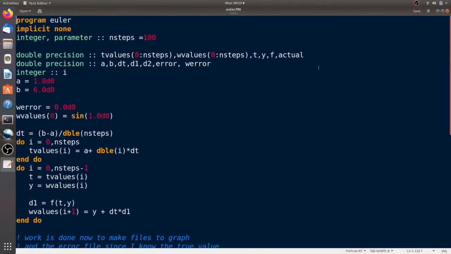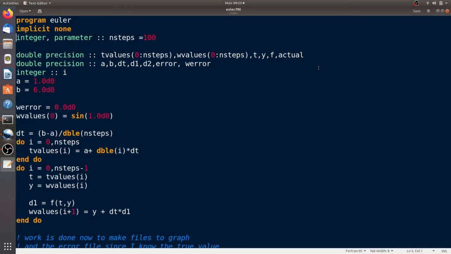All of my programs are going to have the same basic structure. We will say implicit none. nsteps is going to be the number of steps that I'm going to use in my numerical approximation method. My time values will start at t0 and go up to t_nsteps. The w values will be the computed approximate solution to my differential equation at the given time value.